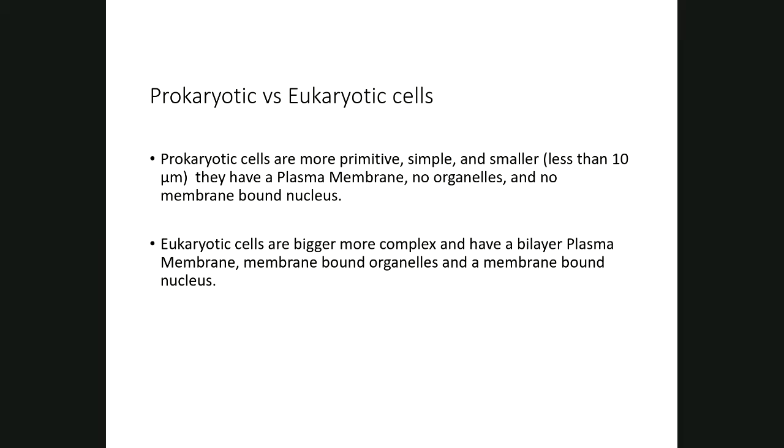All right, so prokaryotic cells, we're talking about bacteria. They're more primitive, they're simpler, they're smaller. All right, so they do have a plasma membrane, of course, and I think most bacterial cells have a cell wall as well. But they have no organelles, and like I said before, no membrane-bound nucleus.